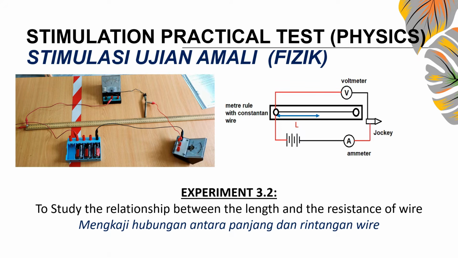This is experiment 3.2 to study the relationship between the length and the resistance of wire. This is a compulsory experiment for the KSSM Form 5 Physics syllabus, Chapter 3 Electricity, and the length is one of the factors affecting the resistance of wire.